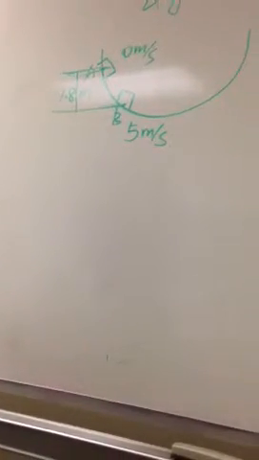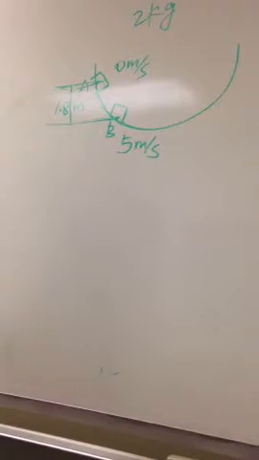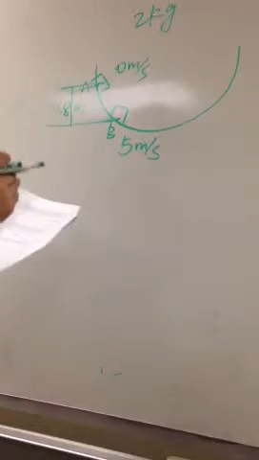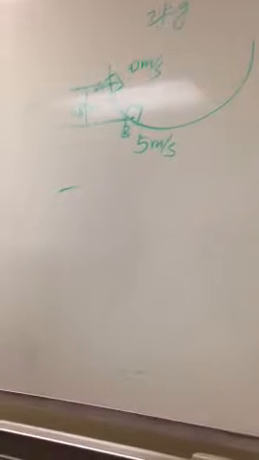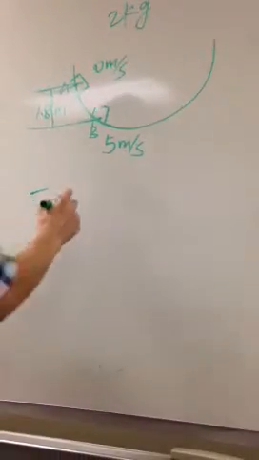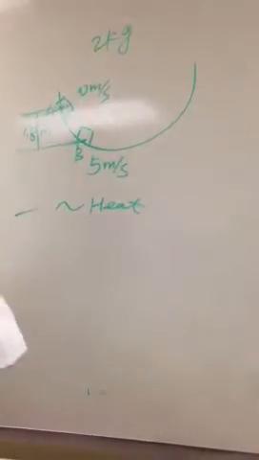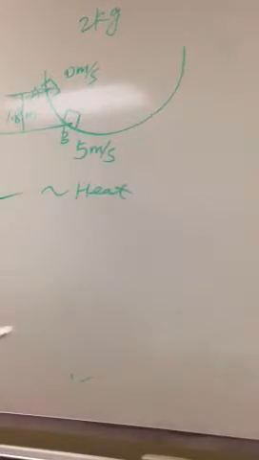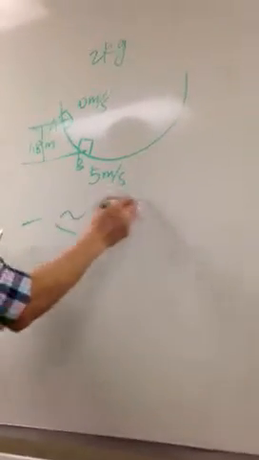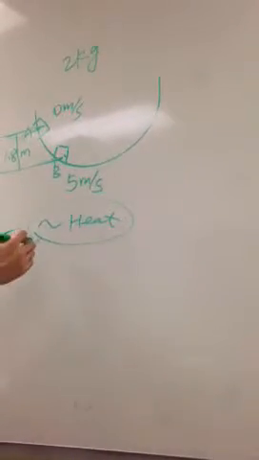How much work is done on the block by the force of friction during this descent? The work done by friction is always negative, right? Because it's in a different direction and it converts into heat. So if you have friction, in the end you lose energy because it converted into heat.